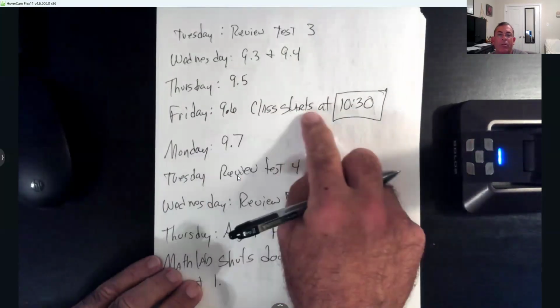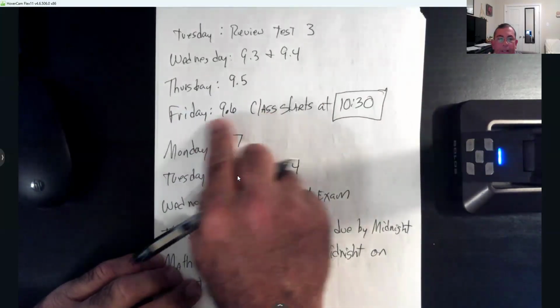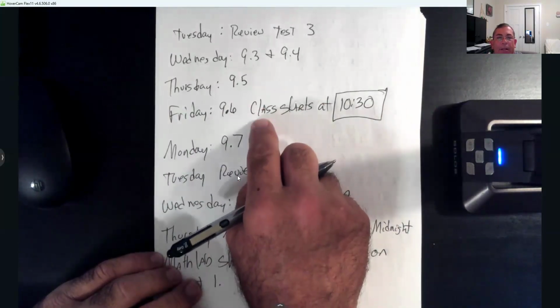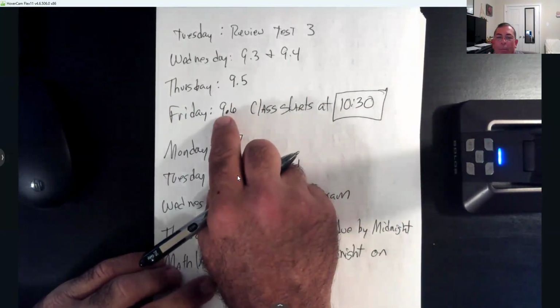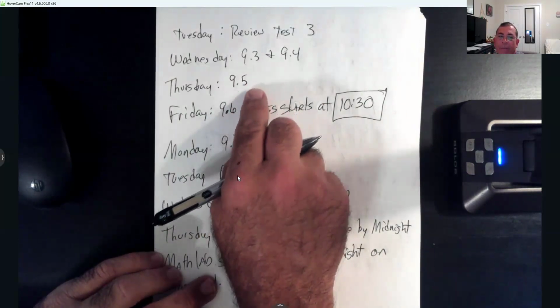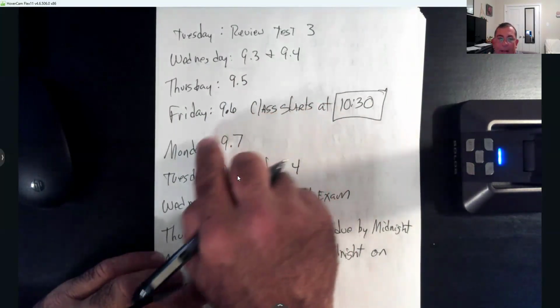But y'all, it's not a real long section, so it won't take us too long. This is where we solve logarithmic equations. I'll probably start a little bit of 9-6 on Thursday, and then finish the rest of it up that Friday.